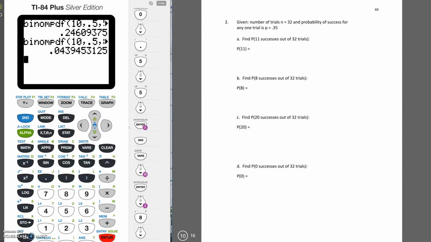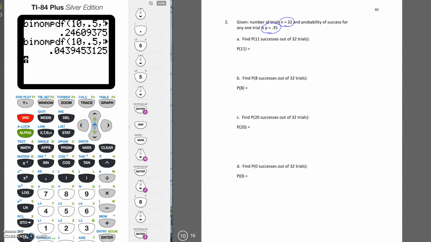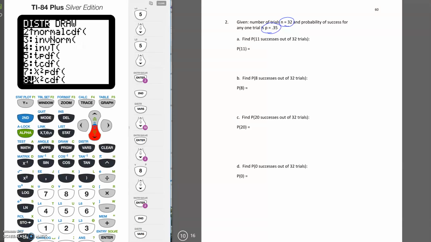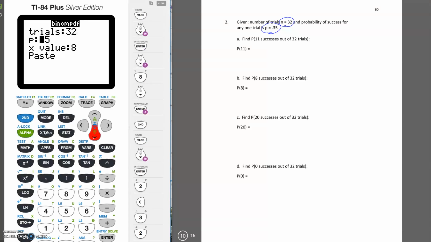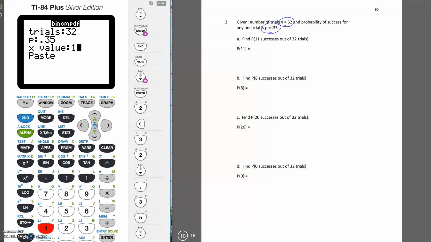Okay, now here we're going to look at a different situation. It says, given the number of trials n is 32, and the probability of success for one trial is 0.35. So that's going to be our n and our p, and then our x will change each time. Here we have 32 trials, our p is 0.35, and our x for the first one is 11.